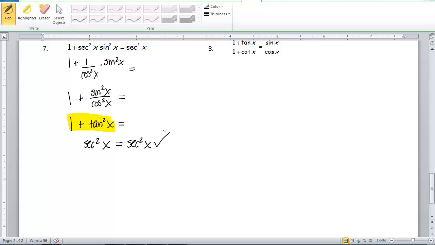But I'm going to tell you, if you were to multiply the numerator and the denominator by 1 minus cotangent of x, you are not going to be left with a Pythagorean identity, and pretty much the only time you want to use the conjugate is when you would multiply and be left with a Pythagorean identity. Since we don't have that here, really the only thing we can do is change things in terms of sine and cosine. If that helps you, please again pause the video and try to do number 8.